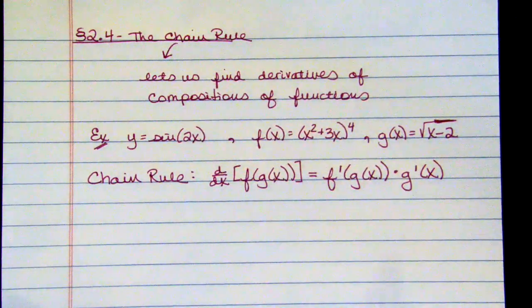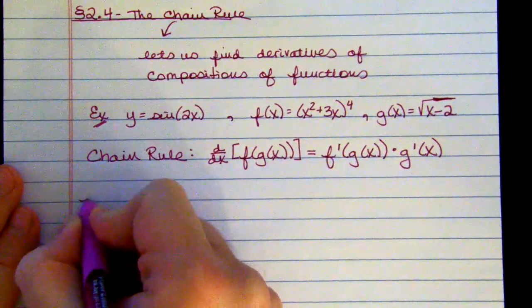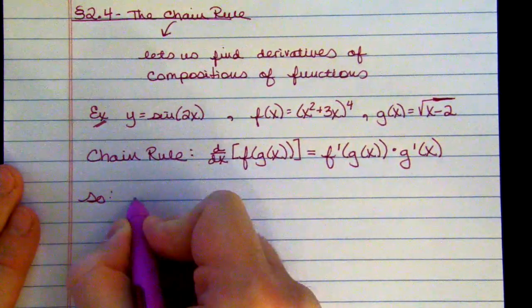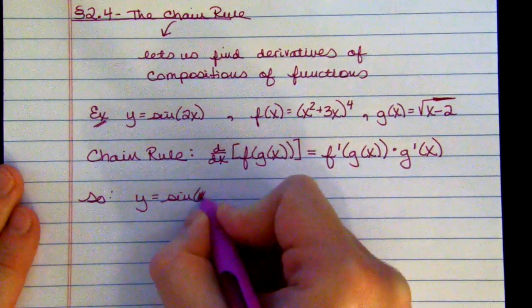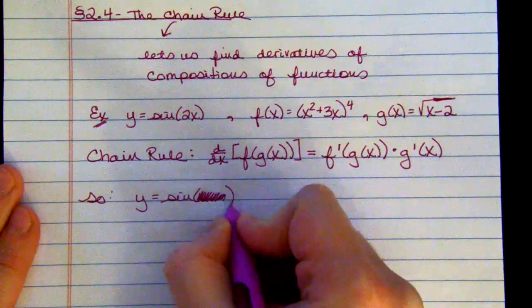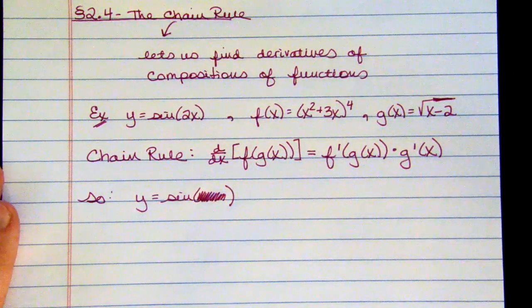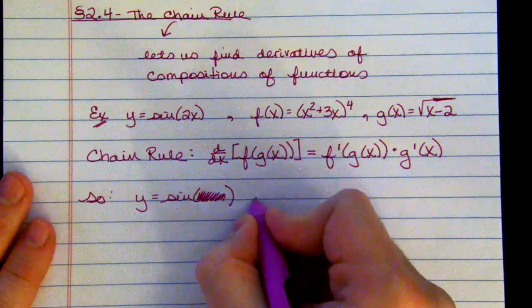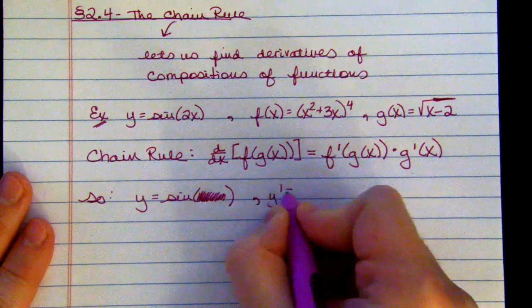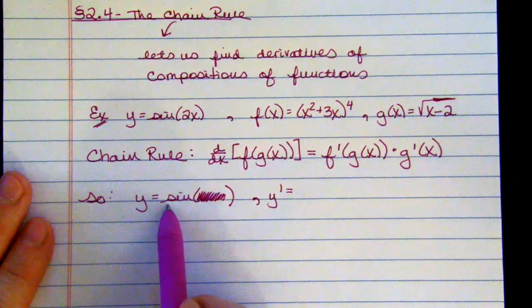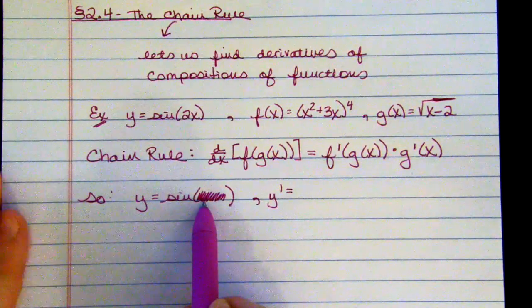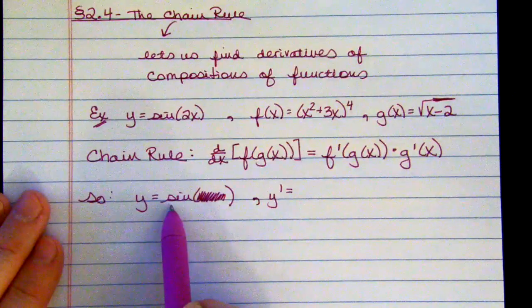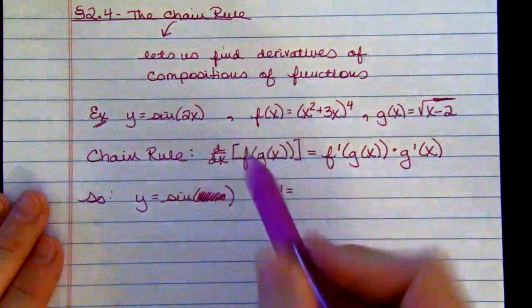Let me try to explain this in a different way. Let's say I have y equals the sine of something more complicated than just x, the sine of something. According to my chain rule, the derivative of this would be take the derivative of the outside function, leaving everything inside there, and then we'll multiply by the derivative of the inside. So, what's the derivative of the sine of something?